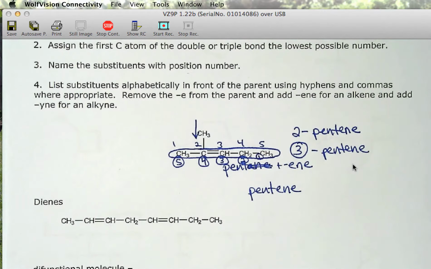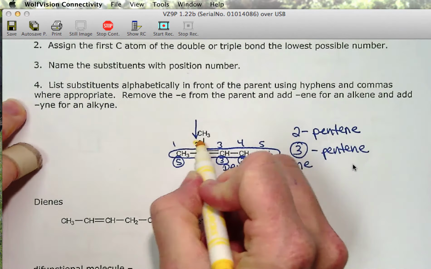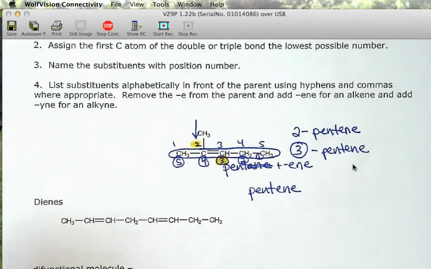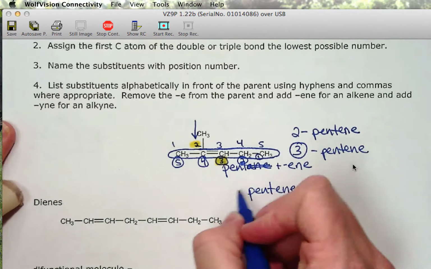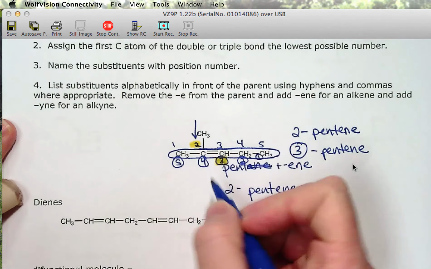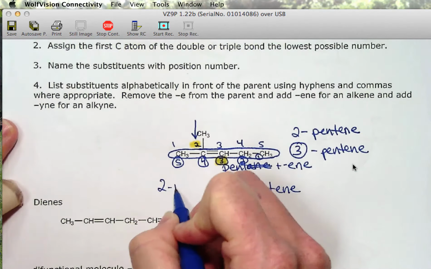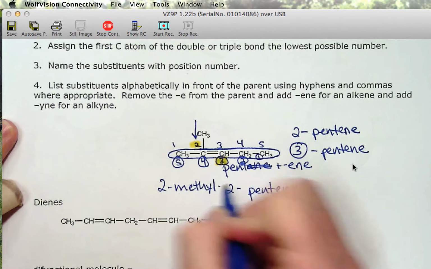So here. But the circled numbering scheme doesn't work out because it makes the double bond higher. So my name would be 2 methyl, 2 pentene.